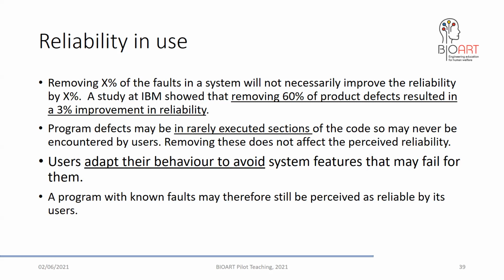That's why, when you are talking about a general system, you should take it into consideration, but it's not really important when we are talking about a biomedical system, where we expect 100% reliability, and we should remove all faults not to bring harm to our patients.